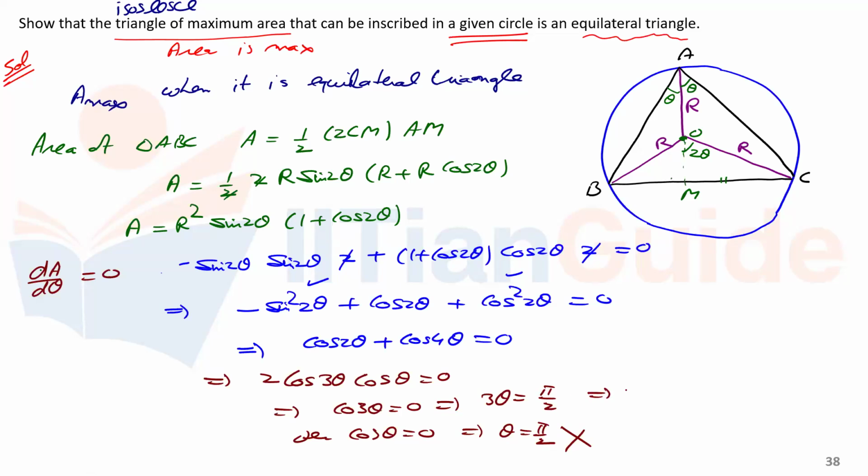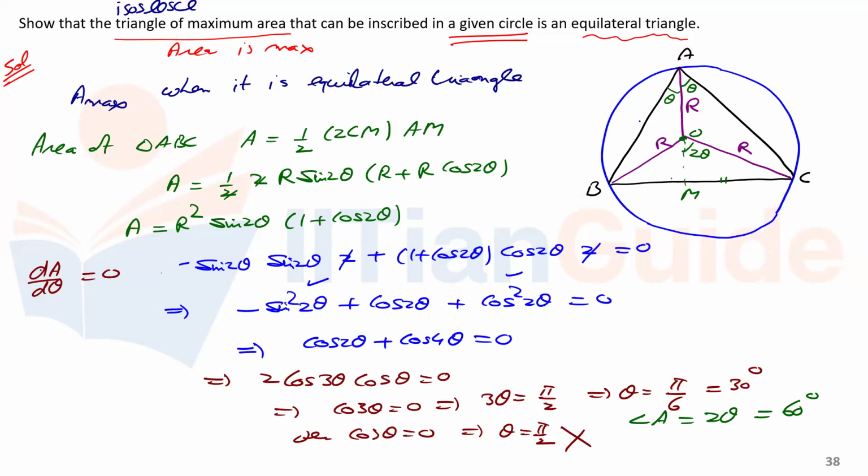3 theta is pi by 2, so I'm getting theta to be pi by 6 or 30 degrees. Writing it in degrees, the angle A is 2 theta, so angle A is 60 degrees. I have got the value of angle A. But in the very beginning, I had told you that this is an isosceles triangle.